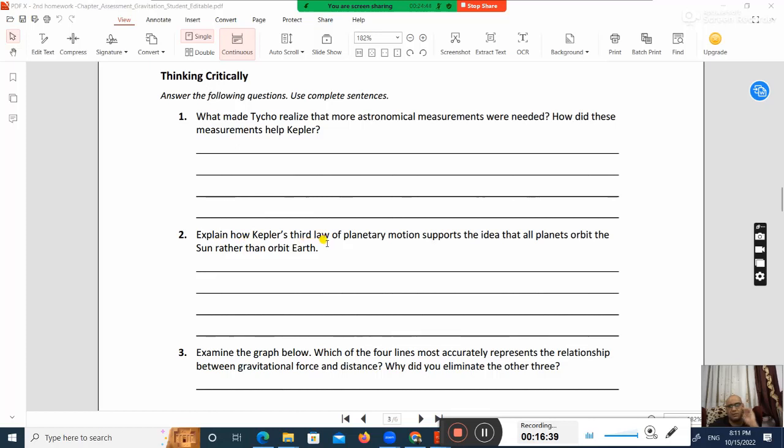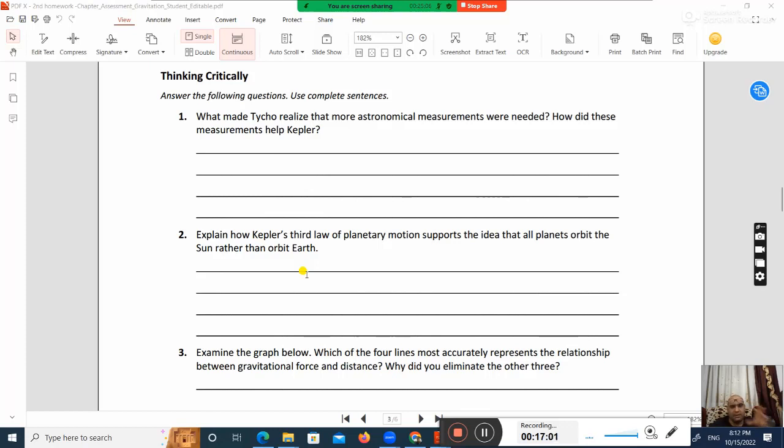Explain how Kepler's third law of planetary motion supports the idea that all planets orbit the sun rather than orbit Earth. Because the sun is exactly at the center and it applies a field of gravity, or it's the object with the greatest mass.